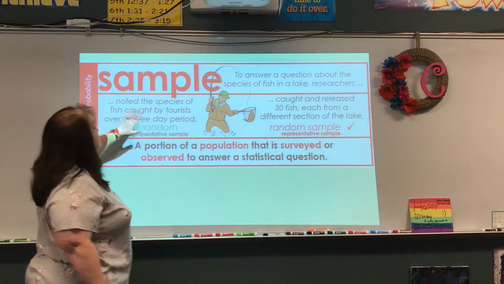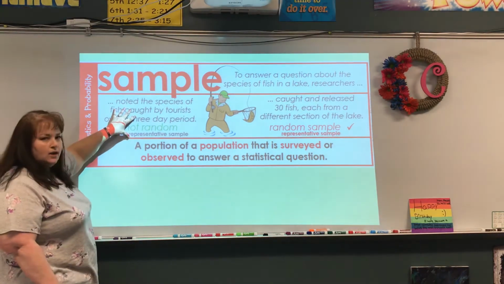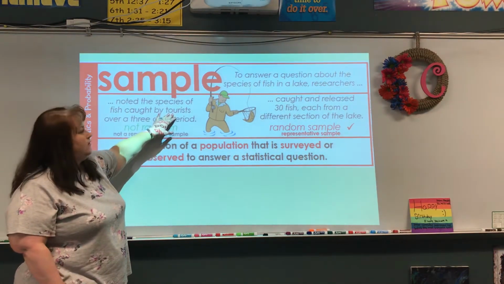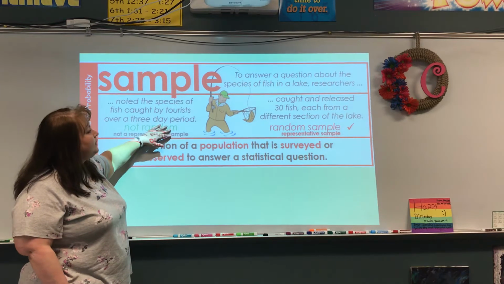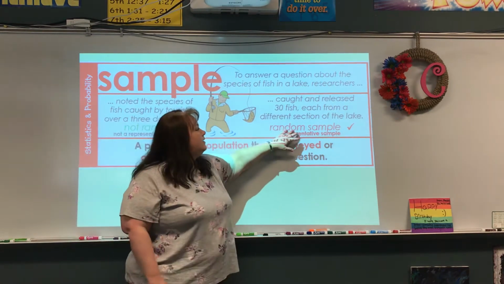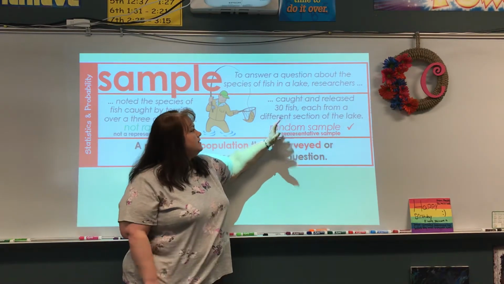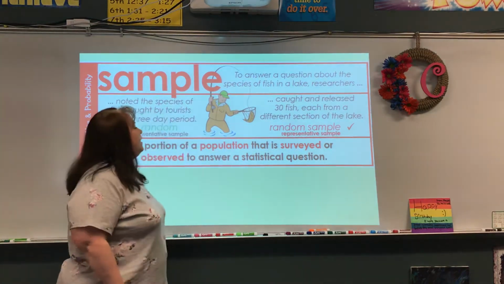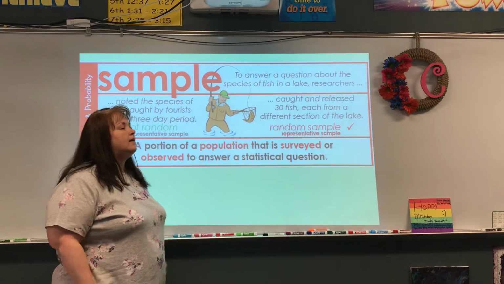So you can see that this one is not random because they targeted tourists. And over here this is random because they just did 30 fish from all over the lake.